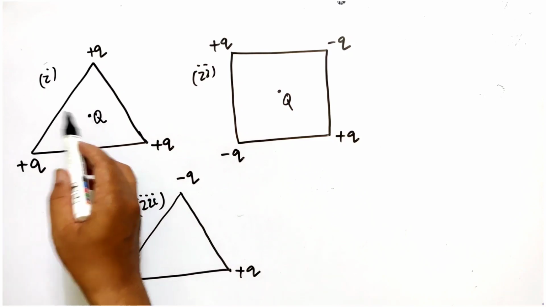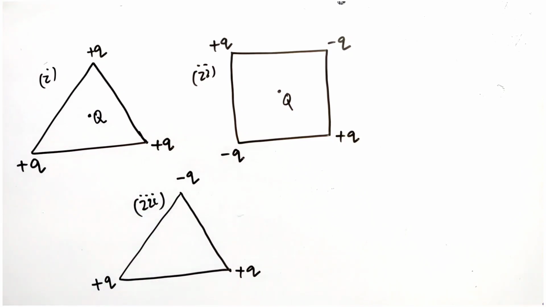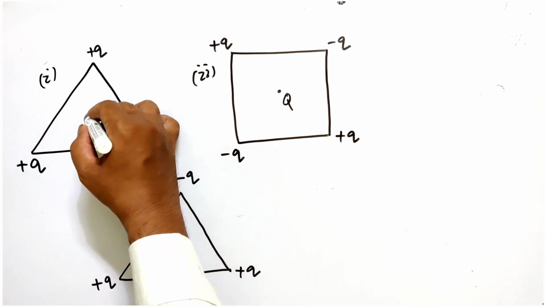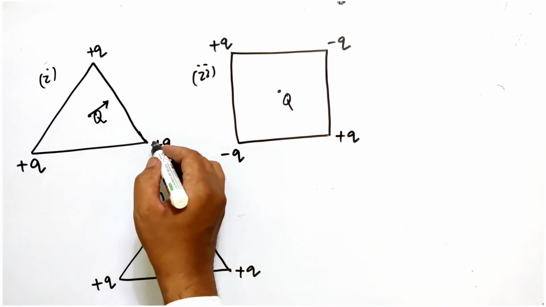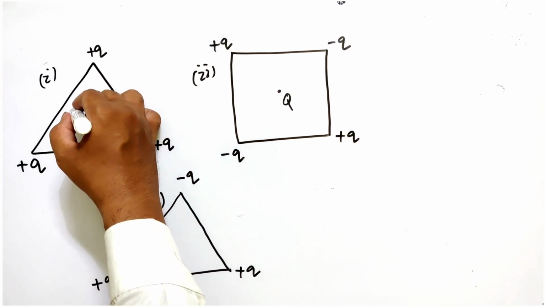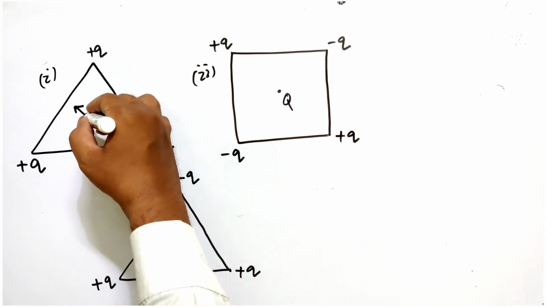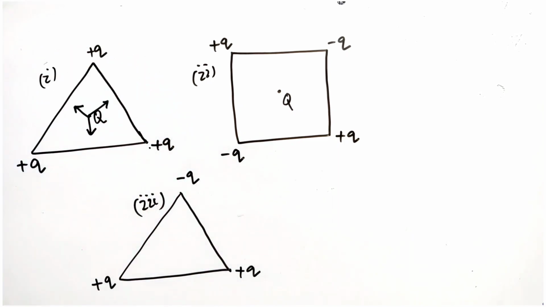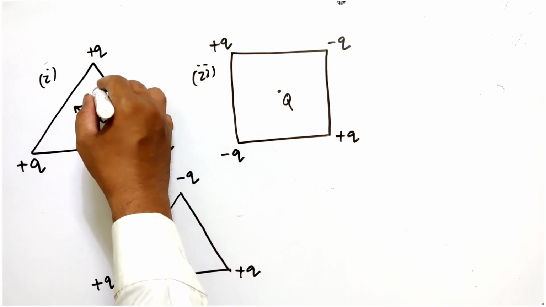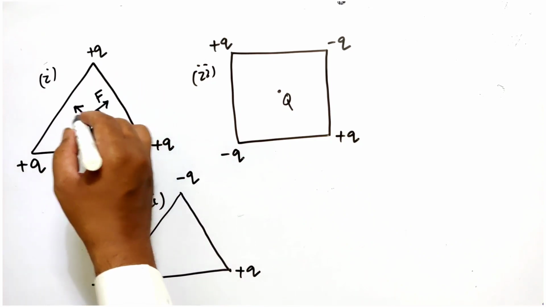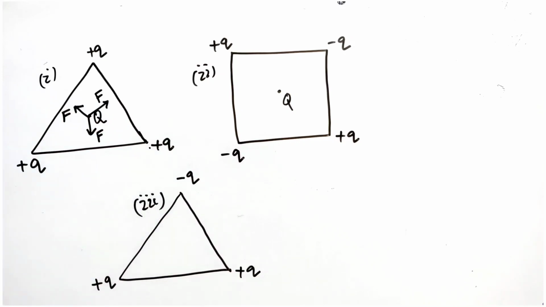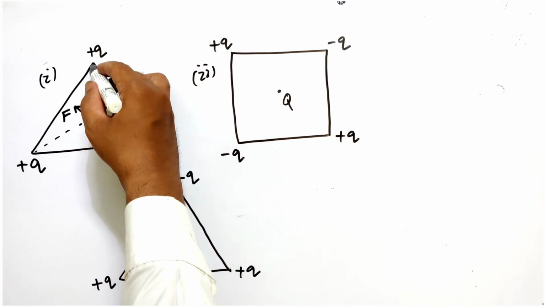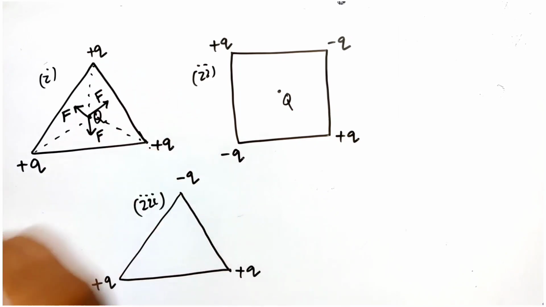So you have to find the force on the charge capital Q. Now you see this capital Q is going to experience a repulsive force due to this, and it is also going to experience a repulsive force due to this, and also the same repulsive force due to the same charge plus Q. So if this force is F, then this force will also be F, and this force will also be F, because all the distances are the same and the pairs of charges are also the same.